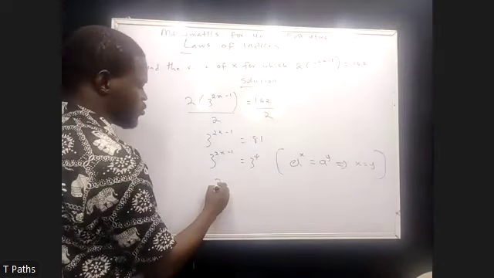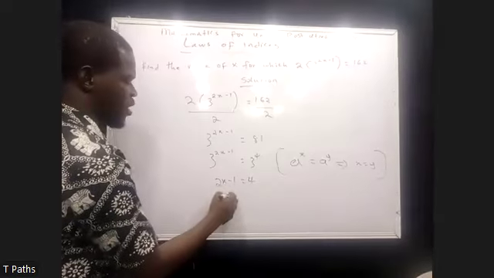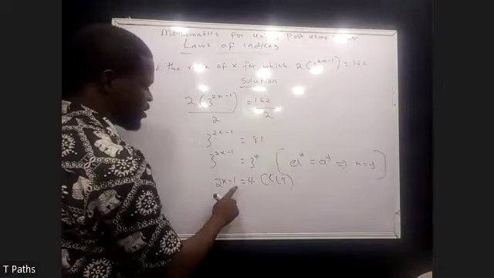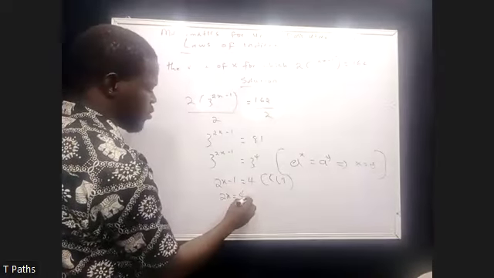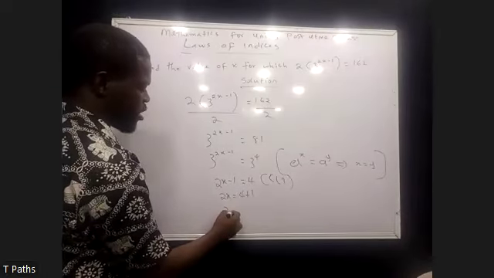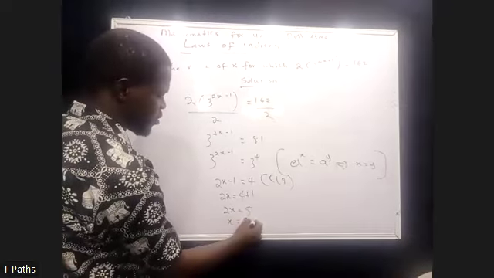From here we can say 2x equals 4 plus 1. So we can say 2x equals 5, and x is equal to 5 over 2.